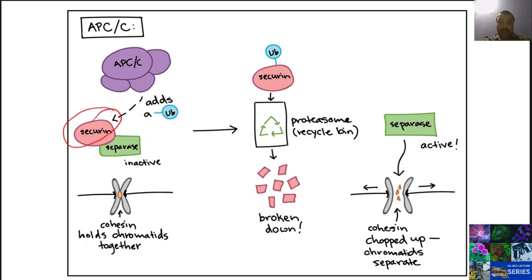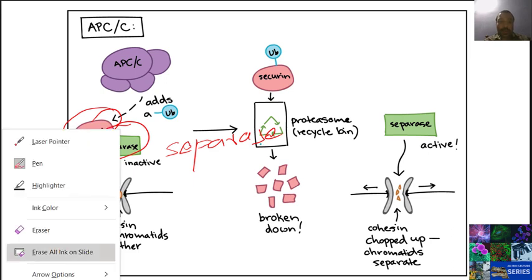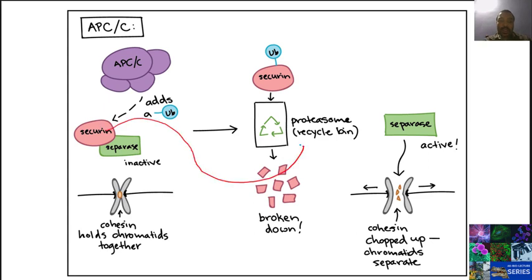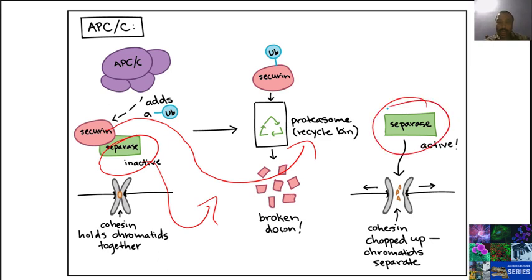Securin normally binds to and inactivates a protein called separase. When securin is sent for recycling, separase becomes free, separase becomes active and can do its job. So separase is now active. Here you can see the active form of separase.